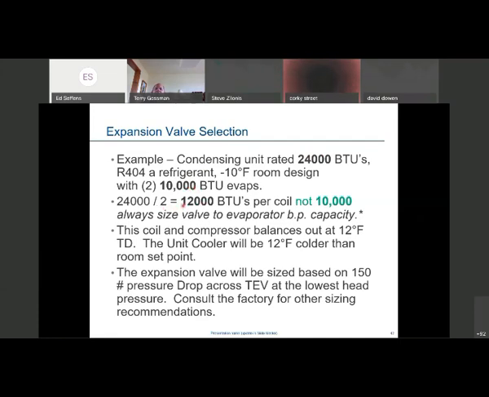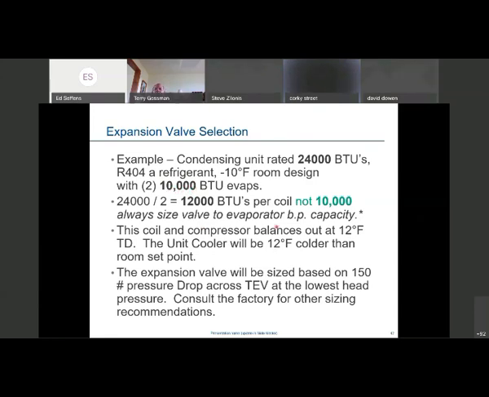But what we've done here is we have what we call the balance point on capacity for the system. If we take into consideration a 10-degree temperature drop, our evaporators could be rated at 10,000 BTUs.